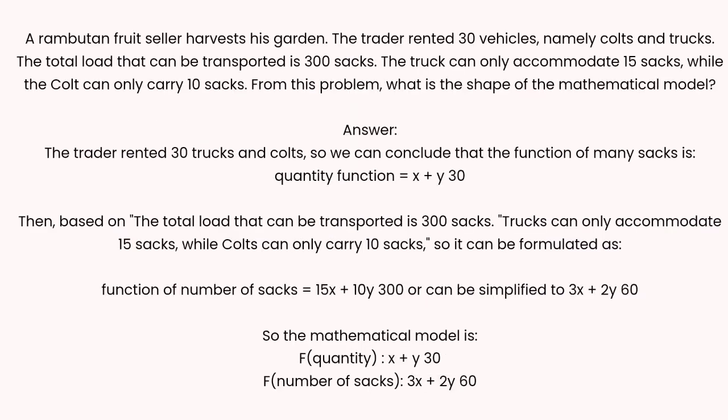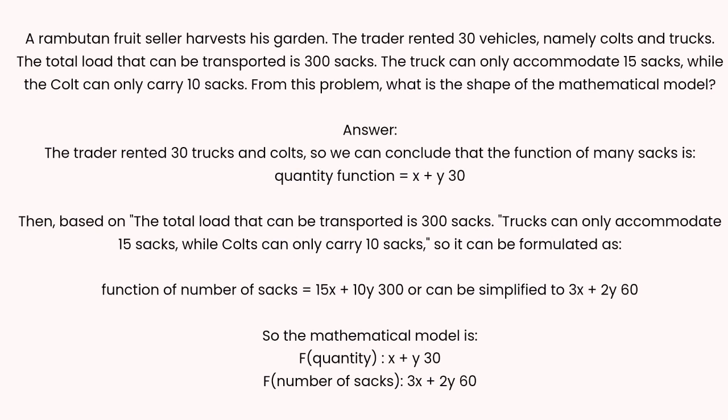The second example. A rambutan fruit seller harvested his garden. The trader rented 30 vehicles, namely carts and trucks. The total load that can be transported is 300 sacks. The trucks can only accommodate 15 sacks, while the cart can only carry 10 sacks.